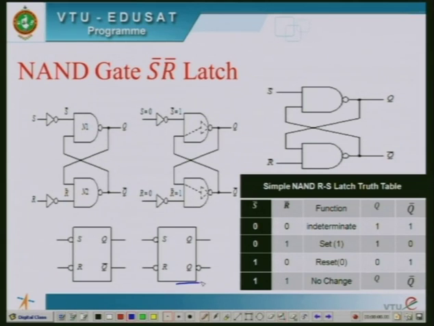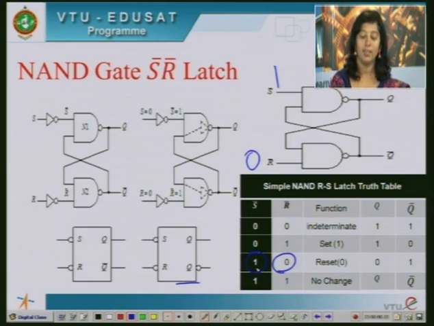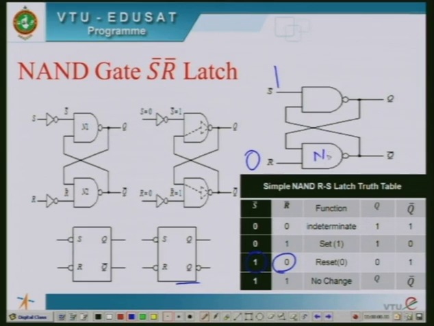The third condition here is S bar is high and R bar is 0. In this truth table, when S bar is high and R bar is 0, first look at the lower NAND gate.